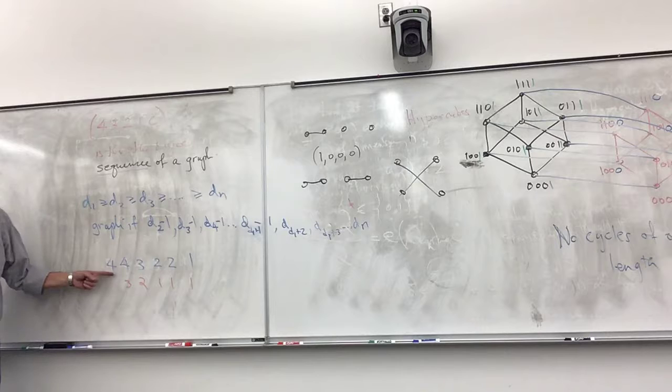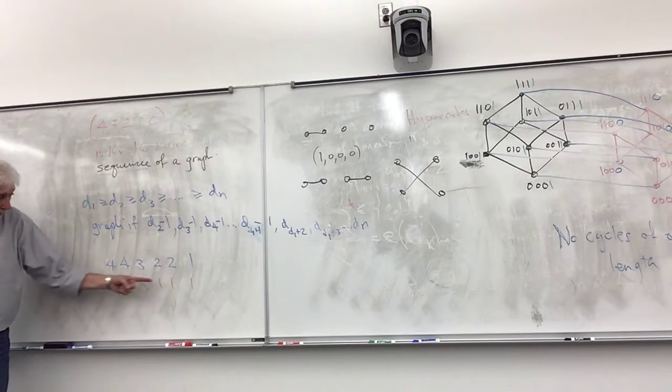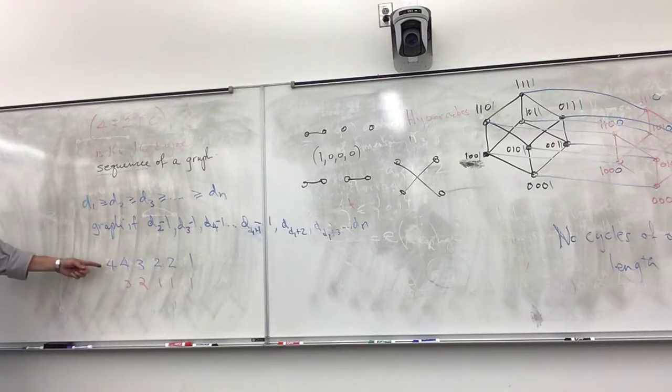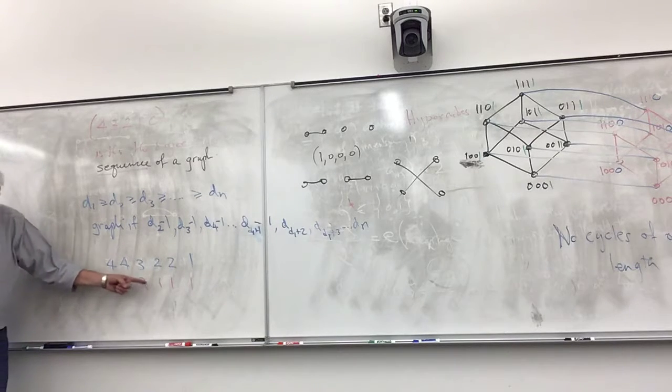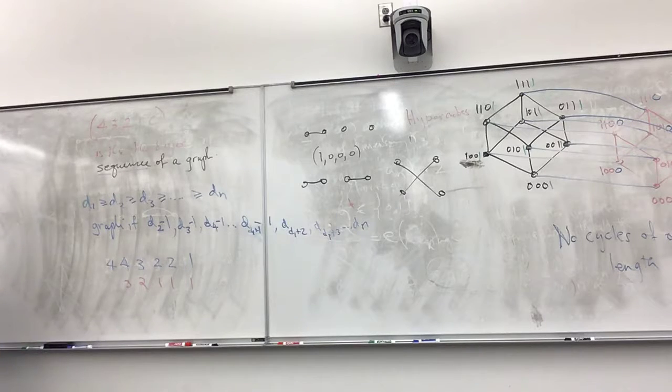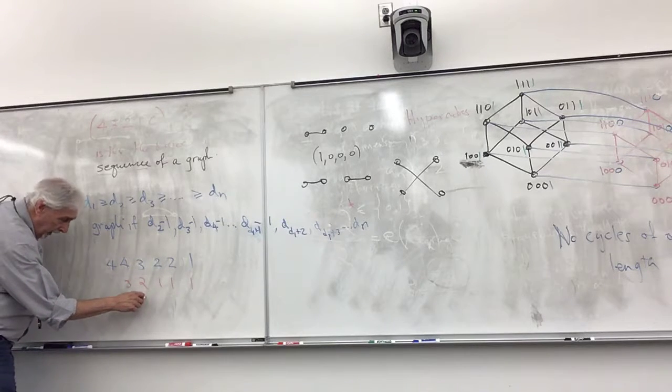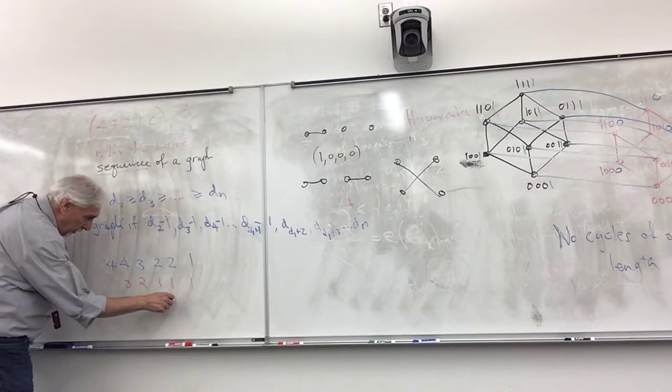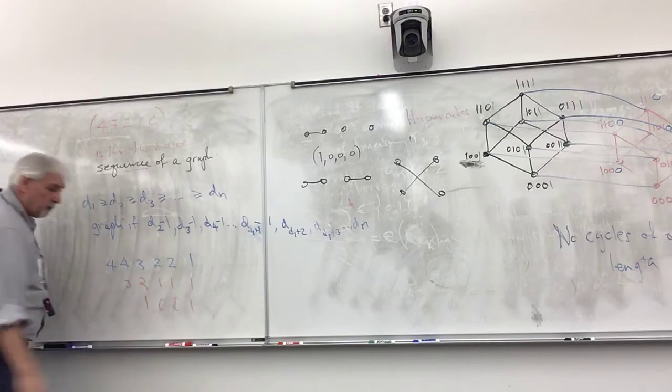So 4 4 3 2 2 1 is realizable if 3 2 1 1 1 is realizable. And 3 2 1 1 1 is realizable if, now you've got to be careful, 1 0 0 1 is realizable.